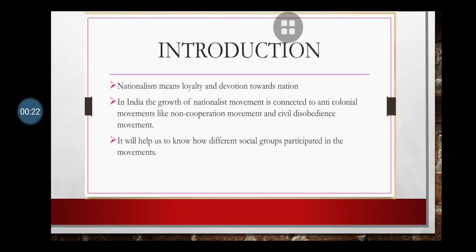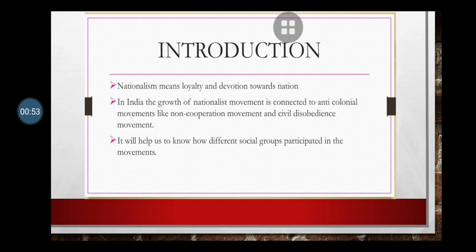So let's start. We have to begin with the term nationalism, which means loyalty and devotion towards the nation. And in India, this very feeling of nationalism came along with our fight against the British government, this anti-colonial movement, which was launched by different groups of people.